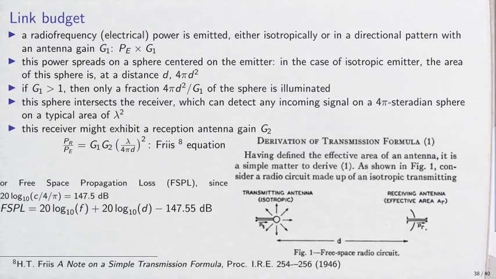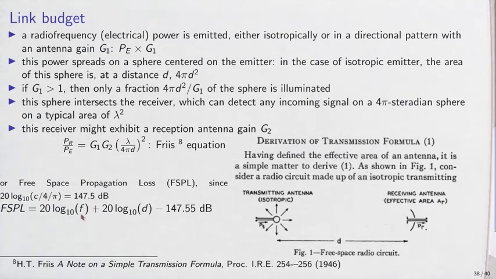If we now conclude this whole discussion by analyzing the link budget using the Friis equation and the fact that energy spreads over a sphere of 4 pi d squared, then we have the free space propagation loss estimate. When we go back into decibels, the square becomes 20 log of the wavelength, and the wavelength is velocity divided by frequency.